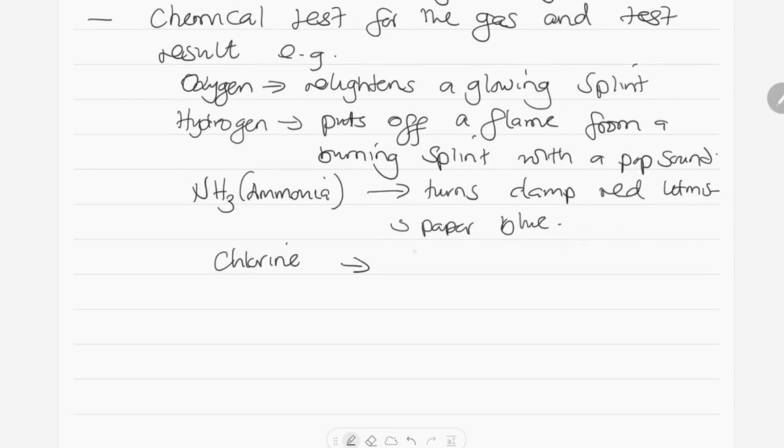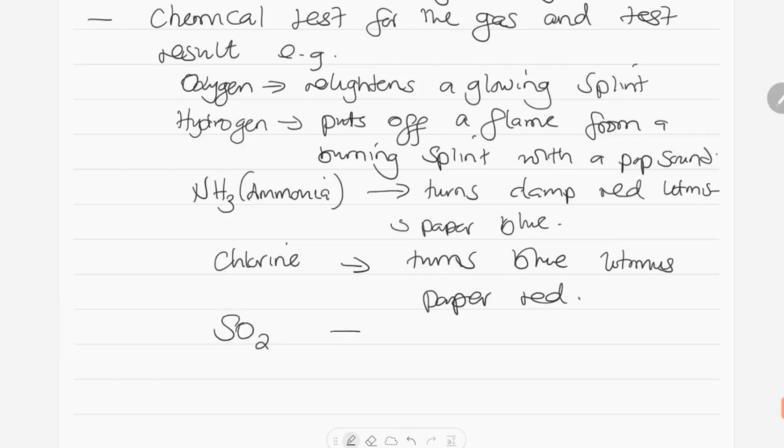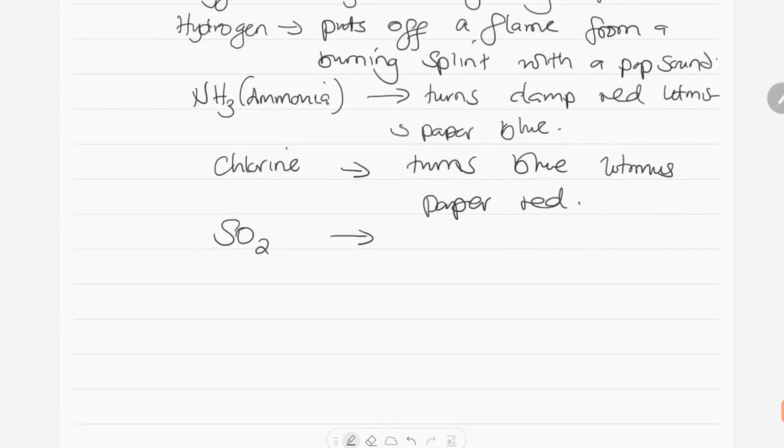Chlorine turns blue litmus paper red. Then sulfur dioxide. Sulfur dioxide also turns blue litmus paper red.